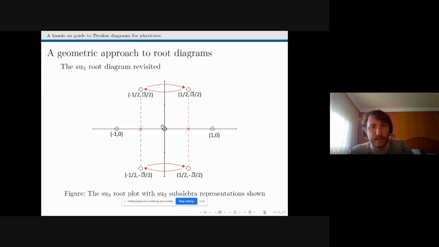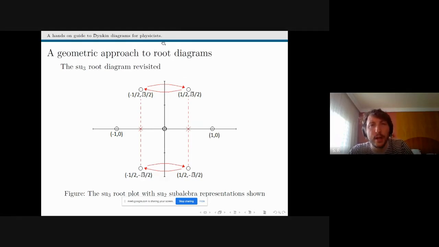Now, since this is at the 0, 0 point, the origin, and since this is a rank 2 algebra, there's also a degenerate root here, and the degenerate root sits in a singlet representation underneath this SU2 subalgebra. And it's quite curious, if you look, these elements that sit in a doublet, they sit directly above where you would put crosses onto this SU2 weight diagram to indicate a doublet representation. And similarly, the singlet representation sits exactly where you would expect it to be.